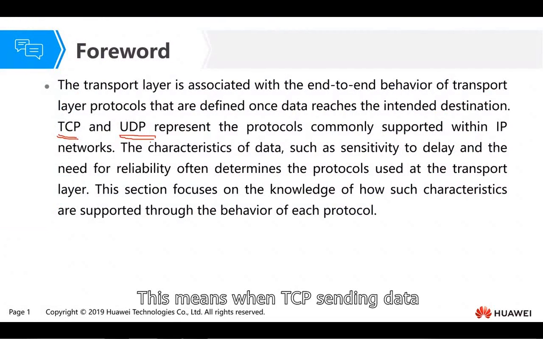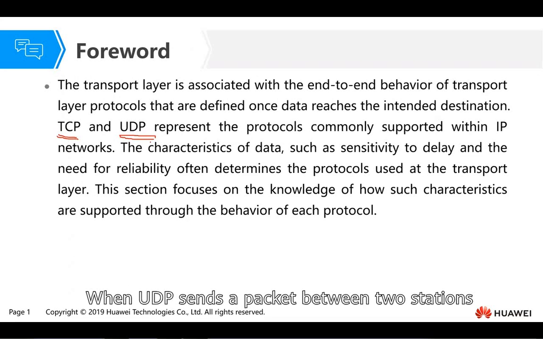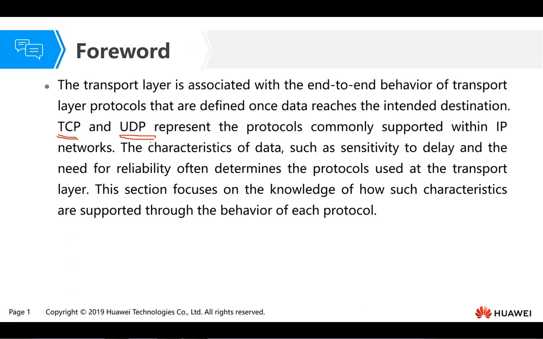That means when TCP is sending data between two hosts, they first need to establish a connection. And when UDP is sending packets between two stations, they do not establish a connection.